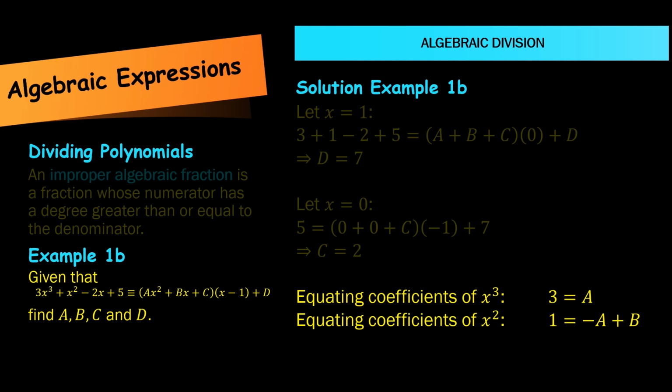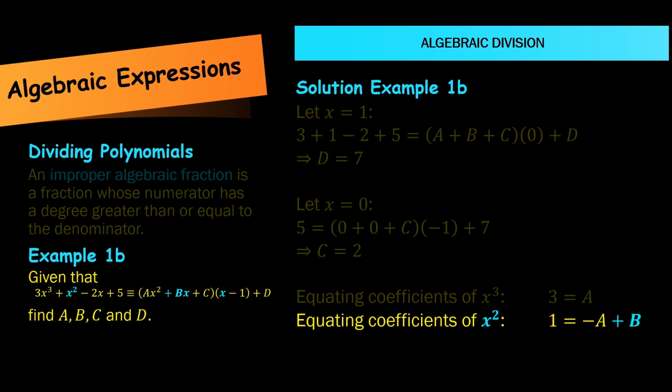If we equate the coefficients of x squared, then on the left-hand side we have 1x squared, so the coefficient of x squared is just 1 on the left-hand side. And on the right-hand side, we can obtain x squared by multiplying ax squared by minus 1, or by multiplying bx by x.